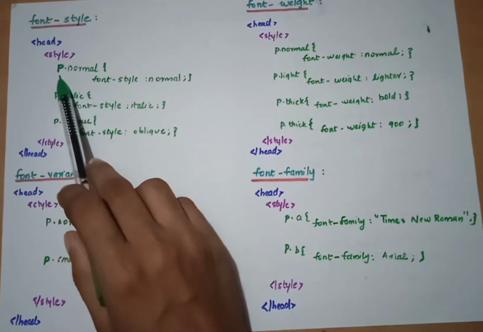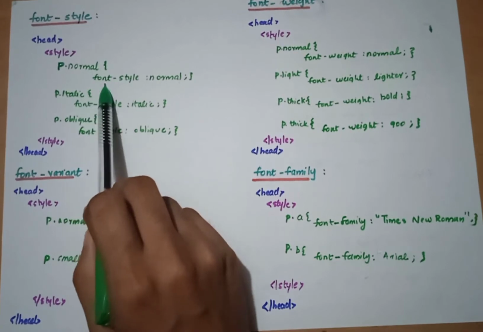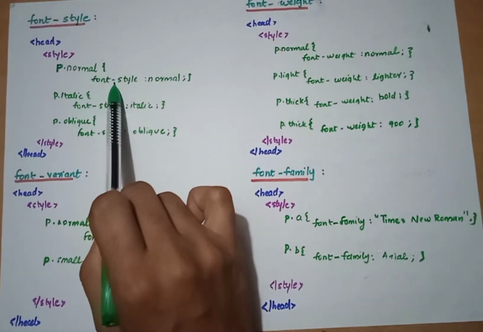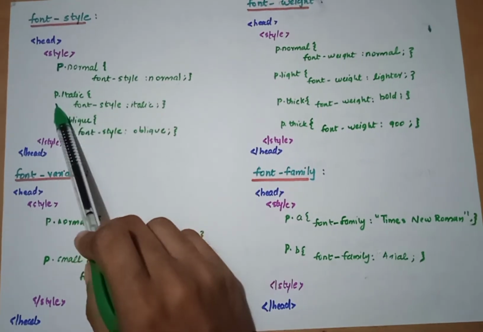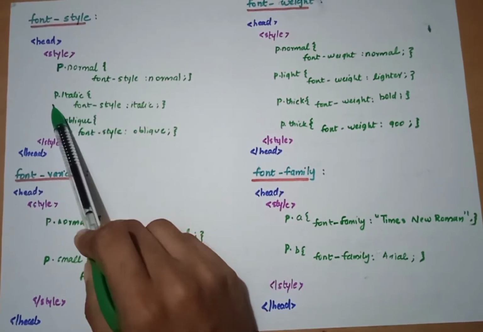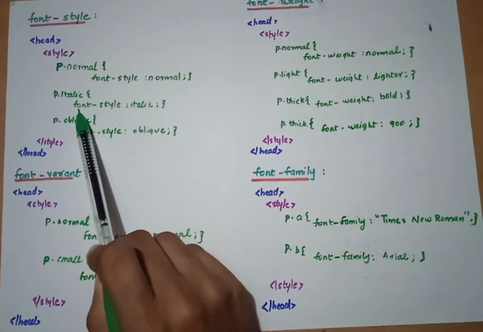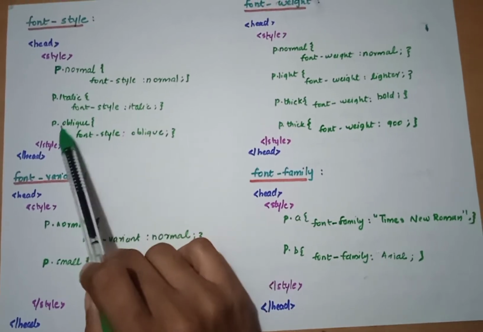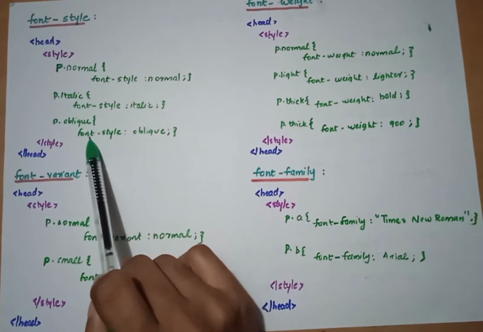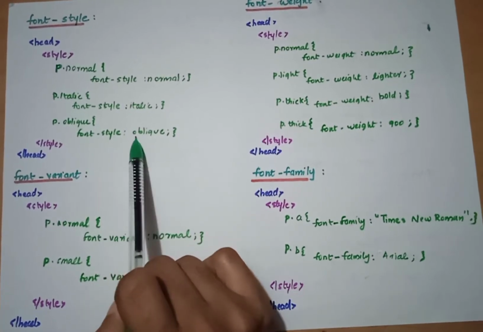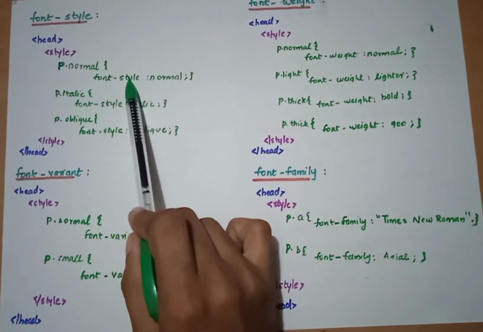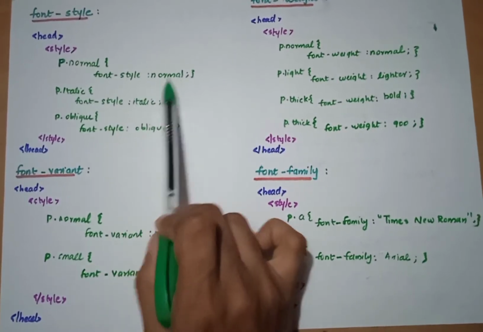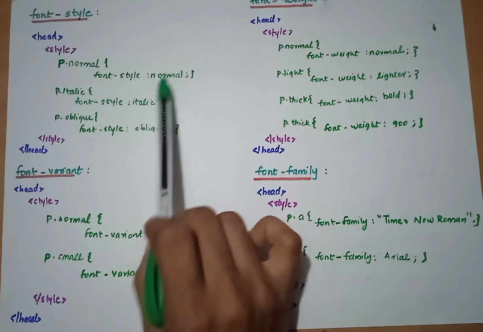So this is actually telling to get the font style of normal, and also we have used another class with the name of italic, and it shows that this font style should be italics. And another class with a font style is oblique. That means for the same font style you can have different values such as normal, italic, oblique and all.